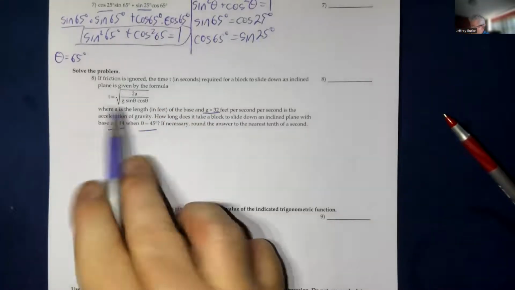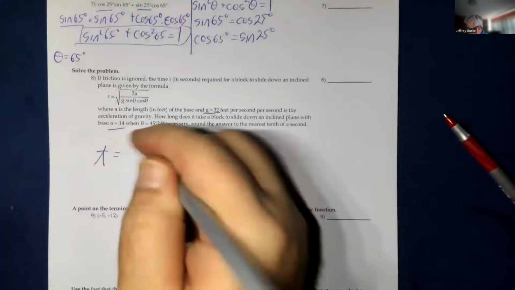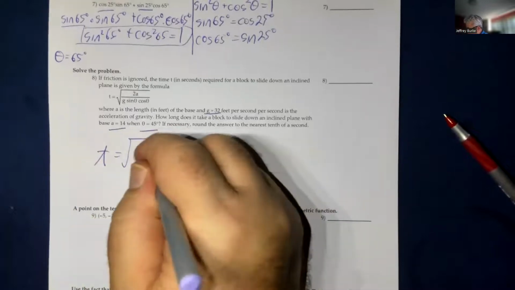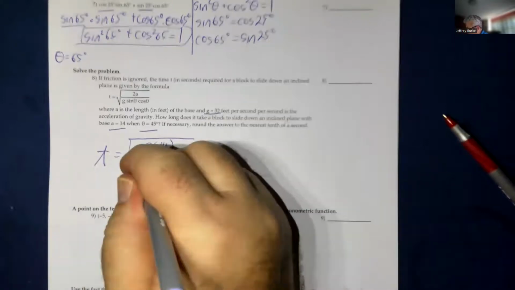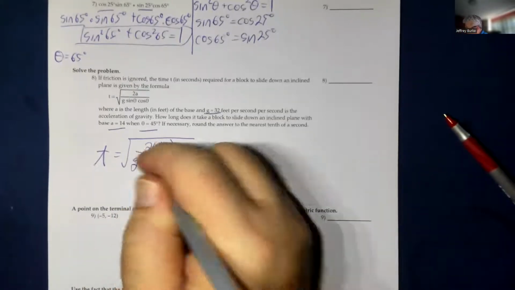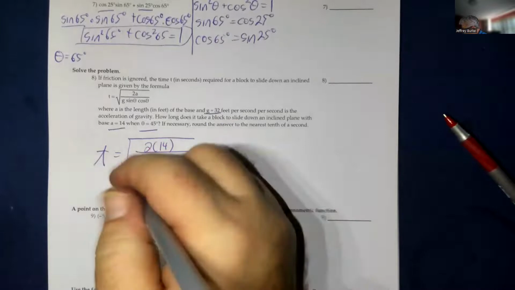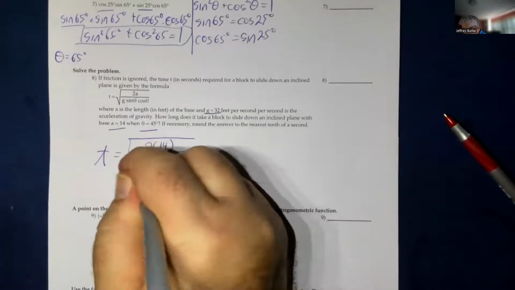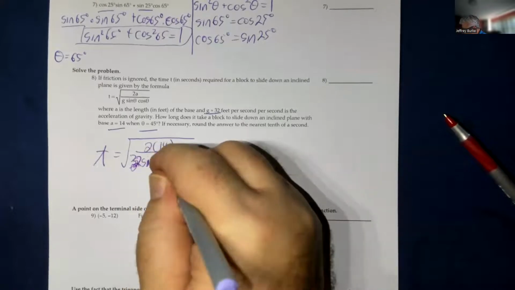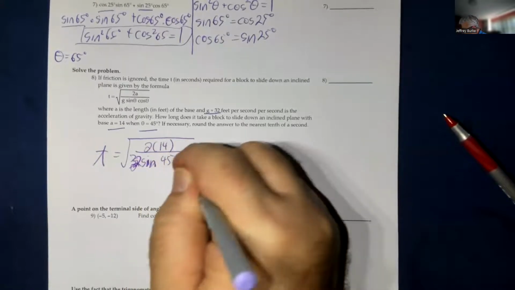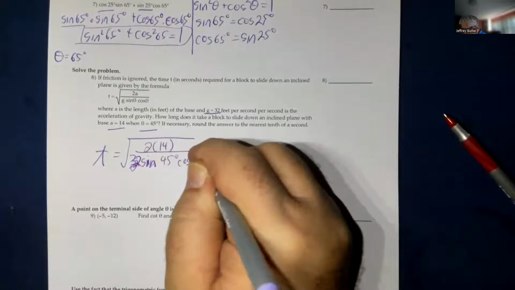So we're going to take this formula as we have it here, and it's going to be T equals the square root of 2 times 14 divided by G being 32, 32 times sine of 45 times the cosine of 45.